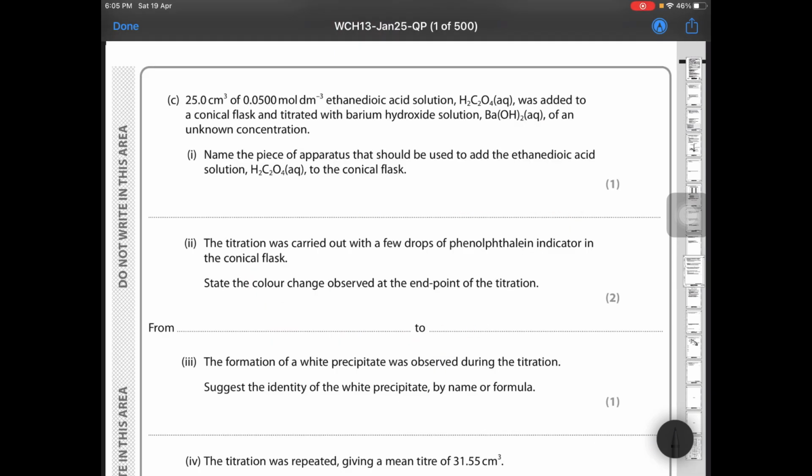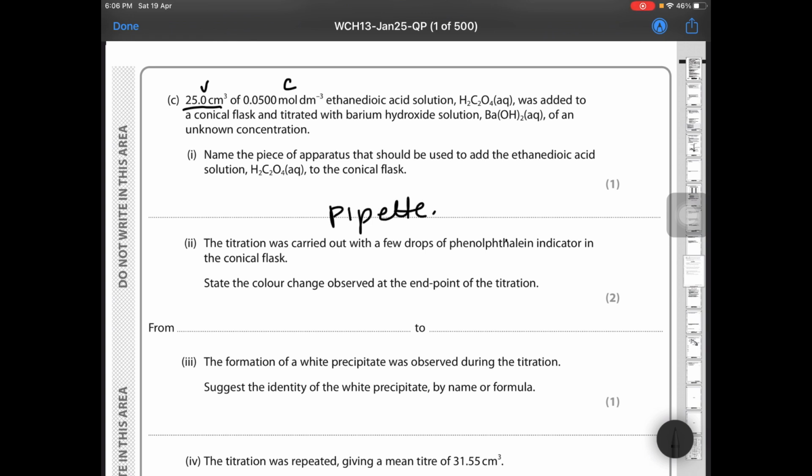Okay, the next question says, this much volume, this much concentration of this acid was added to the flask. It was titrated with the known. Name the piece of apparatus that should be used to add the acid. So obviously you are going to use the pipette in order to add this much volume of the acid.